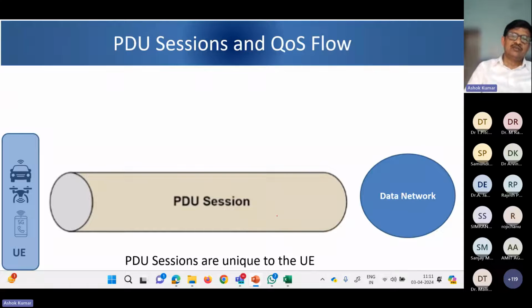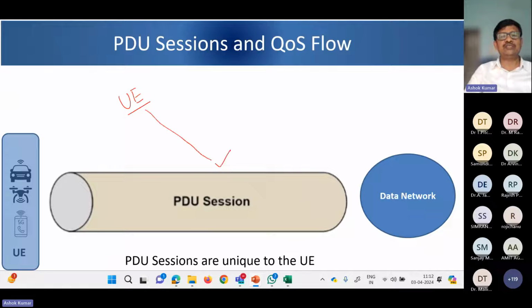Okay, so let's understand something more about the PDU session. Whenever a UE connects to the 5G network, after authentication, authorization and all those synchronization processes, once it connects to the 5G network, a PDU session gets created for that user.